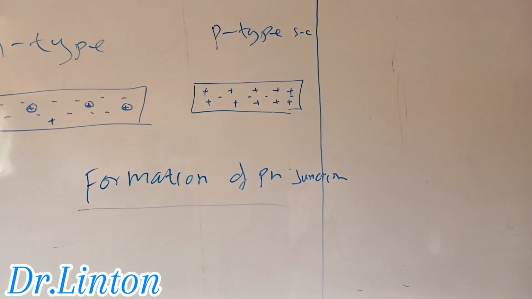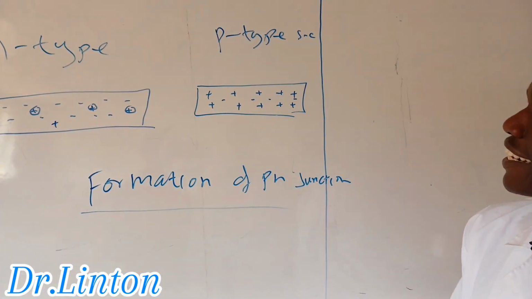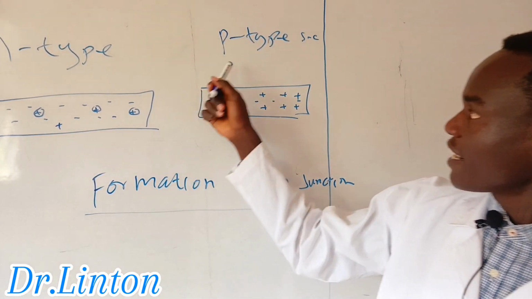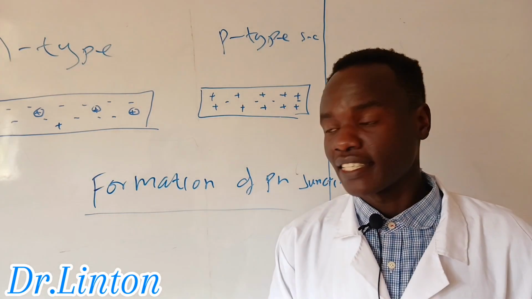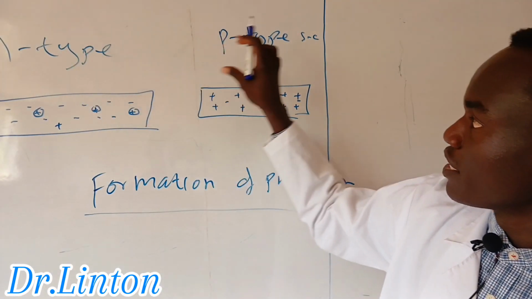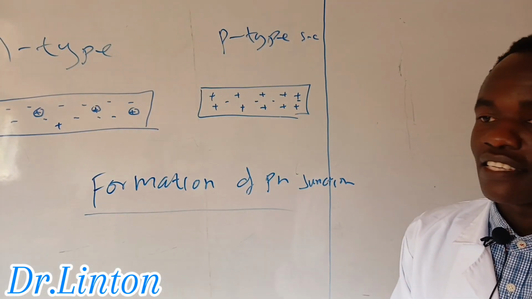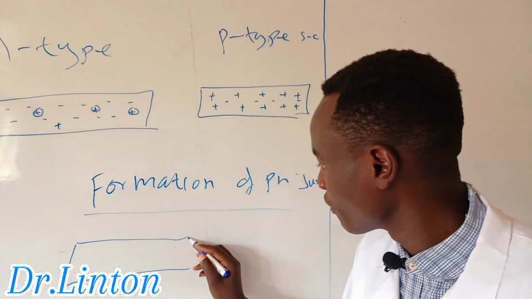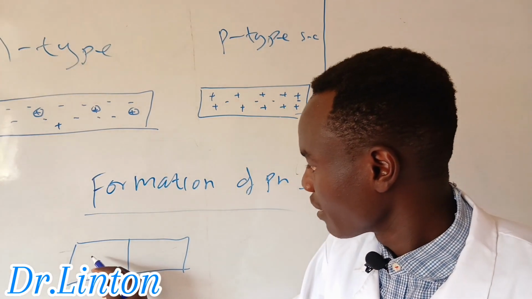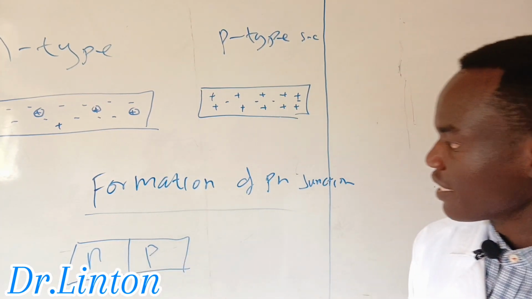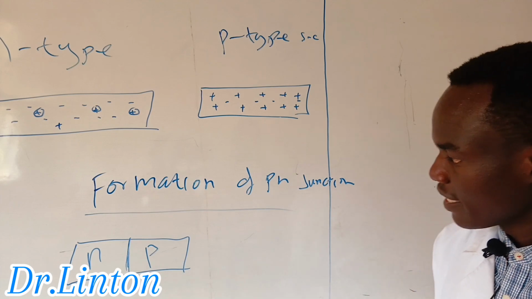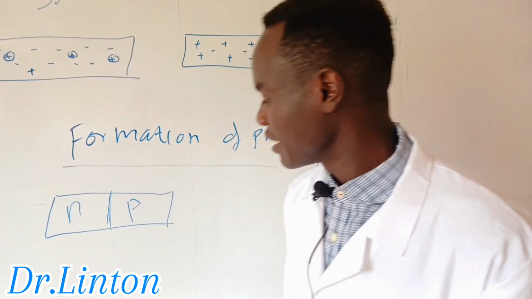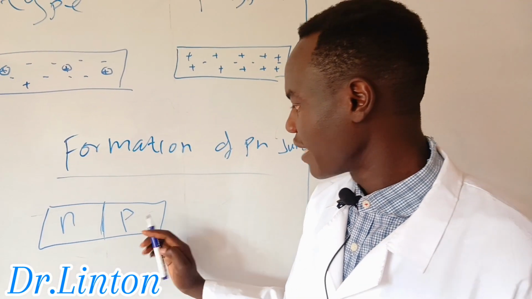We are going to form a PN junction using N-type and P-type semiconductors. When we bring these two semiconductors together, the contact surface is called the PN junction. Here is our N-type semiconductor and here is the P-type, and the contact surface is the PN junction.